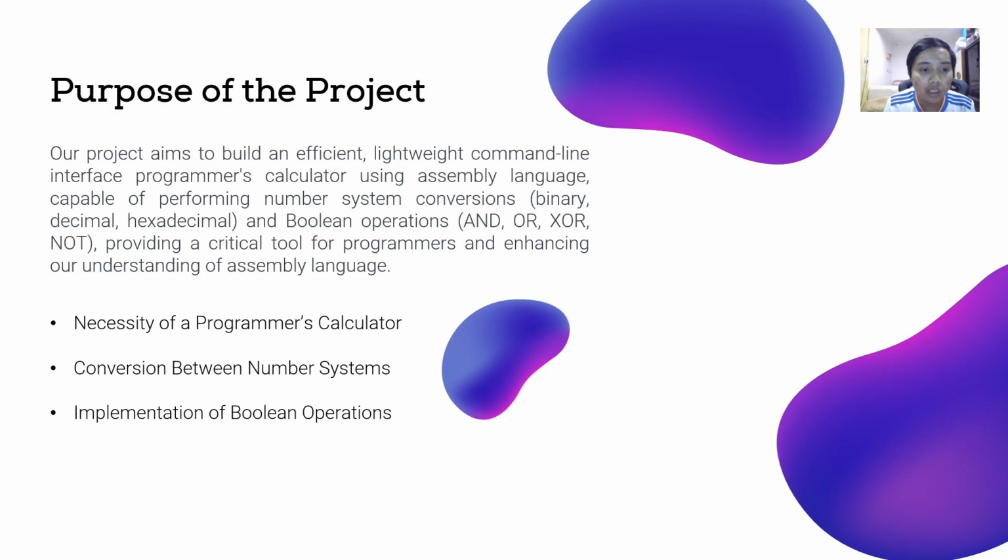The second point is conversion between number systems. The implementation of number system conversion in our programmer's calculator involves creating algorithms or functions that can convert numbers between binary, decimal, and hexadecimal.